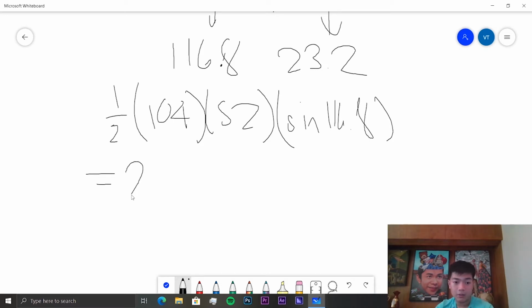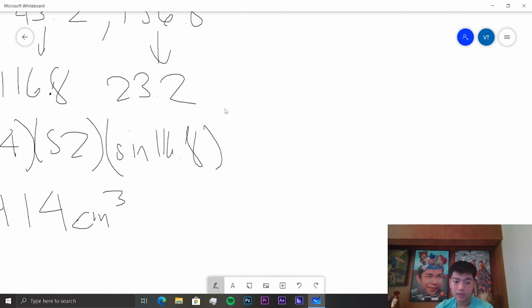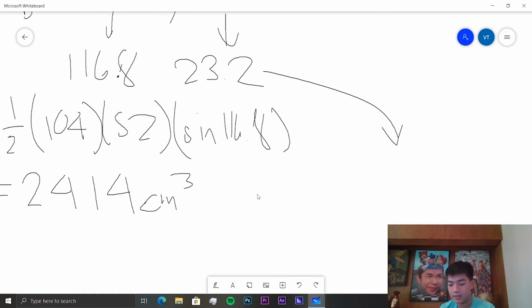So we get 2,414 centimeters squared. Is it in centimeters? Yeah. And for the other triangle, we have the same thing, but times sine 23.2 instead. So divide by sine 116.8 and multiply it by sine 23.2.